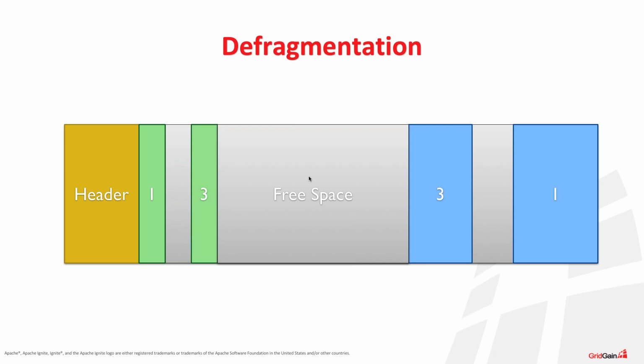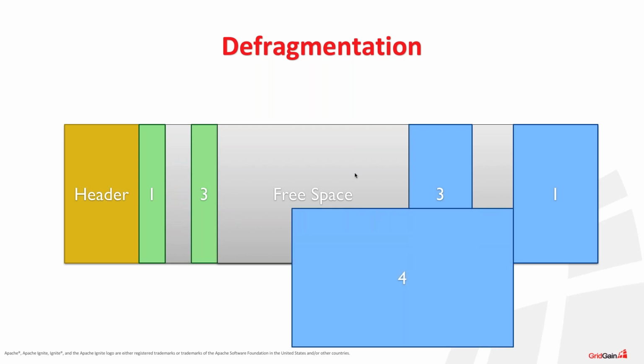And for instance, when your application tries to insert a value that is bigger than the biggest free space inside of the page, then the virtual memory will automatically kick off the defragmentation routines or compaction routines.